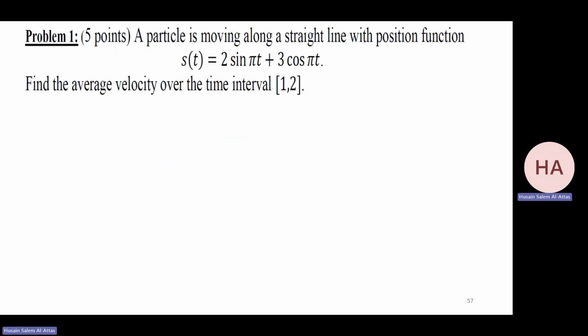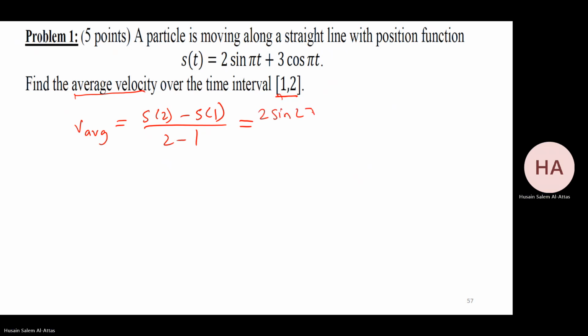A particle is moving along this. Find the average velocity over this interval. Average will be S at 2 minus S of 1 over 2 minus 1. Just do the calculation. It will be 2 sine 2 pi instead of t, right, plus 3 cosine 2 pi.